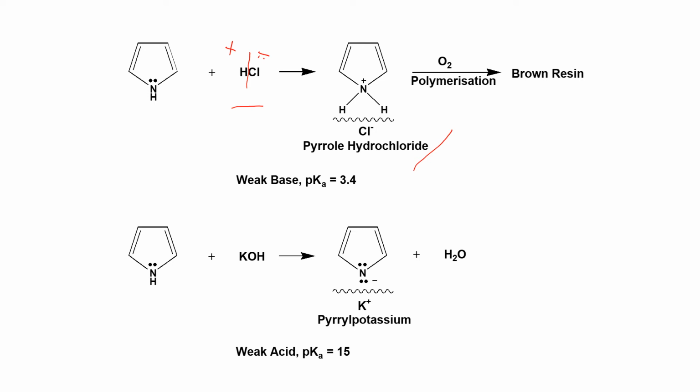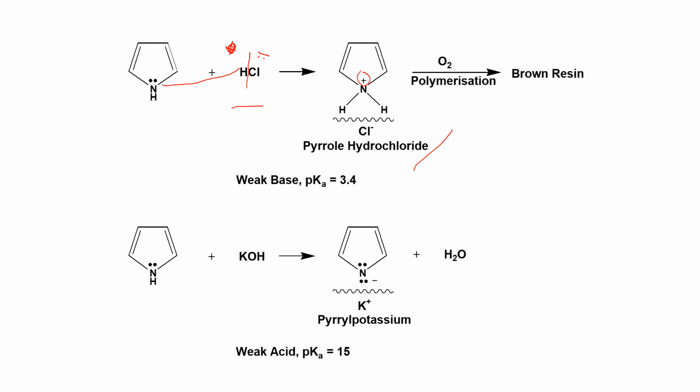So after that this positive proton will share the lone pair of electrons which are present on nitrogen, and it will form a bond with nitrogen. So after bond formation there will be no positive charge on hydrogen, but there will be a positive charge on nitrogen, because nitrogen shares its lone pair of electrons to form a bond with the proton. So after that this salt will be formed.